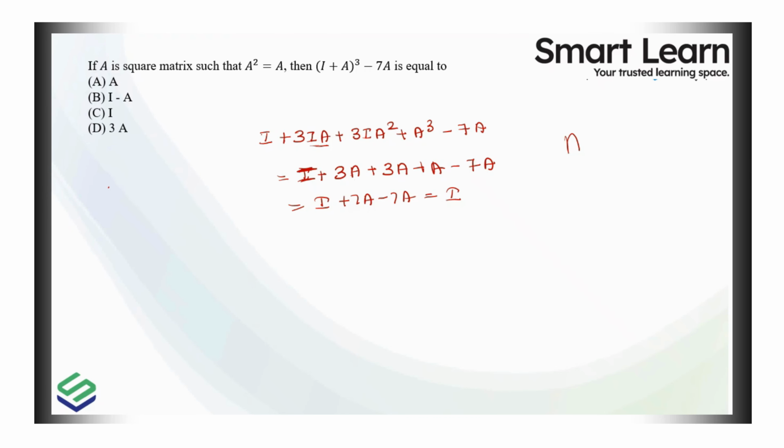A square is A. But here A cube, how you will find A cube is A square into A. What is A square? A. Again A into A will be A square. A square is equal to A. So you will put here as A. Then 3A plus 3A, 6A plus A, 7A minus 7A, 0. So I plus 0 will be I.